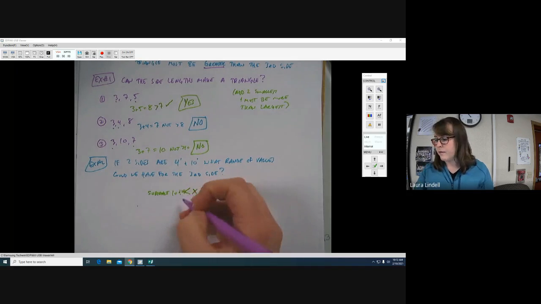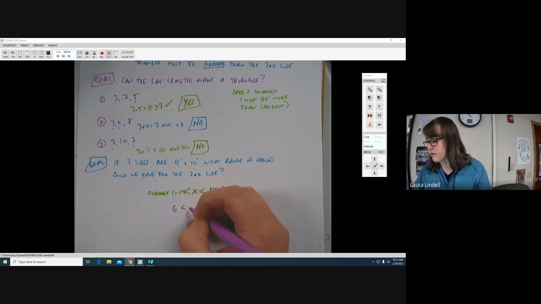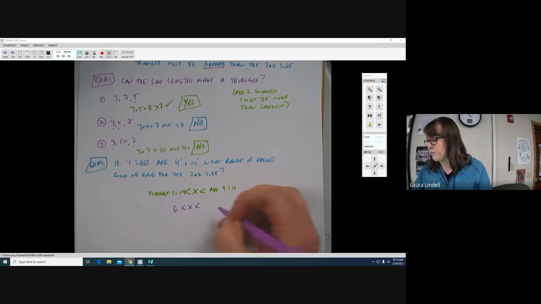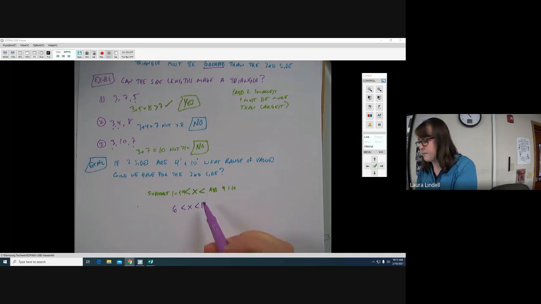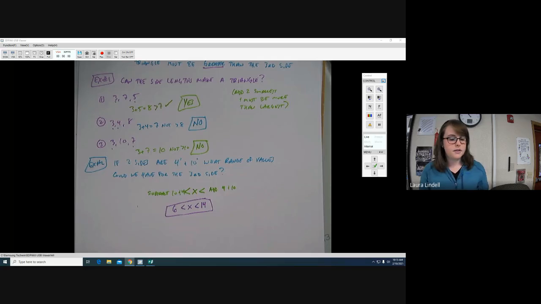So over here, we'd have 10 minus 4, which is 6. And then 10 plus 4, which is 14. So the range of values would be from 6 to 14. So I can have anything bigger than 6 or less than 14, and it will make a triangle. So that's kind of the idea we're getting at here.